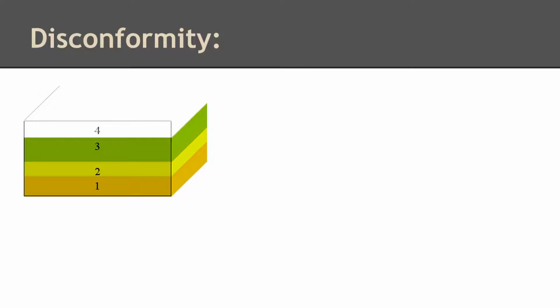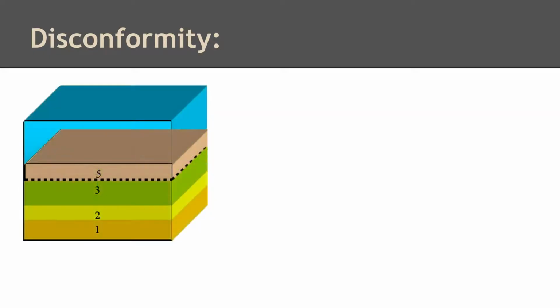If a body of water returns and deposition starts up again, you get a new rock layer to form, but it is not on top of what last formed. That previous layer is gone, just missing from the geologic record. In this case, that dashed black line would represent what we call a disconformity. That dashed black line represents a big jump in time between layer 3 and layer 5.